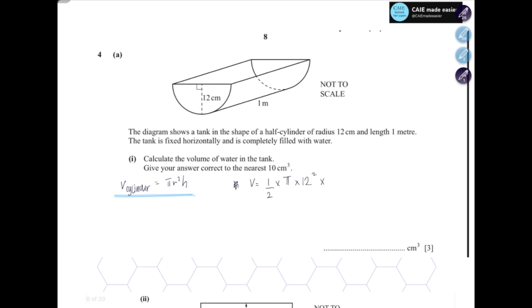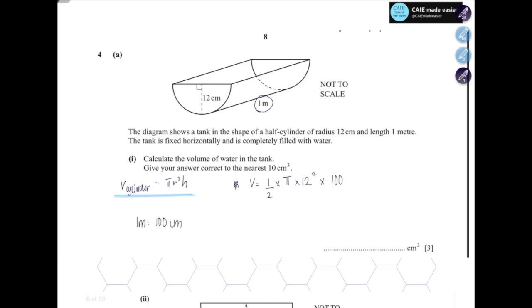Remember, we need to convert this into centimeters, so we cannot use 1. 1 meter is 100 centimeters, so times 100. Now you can calculate it with the calculator. Half times pi times 12 squared.